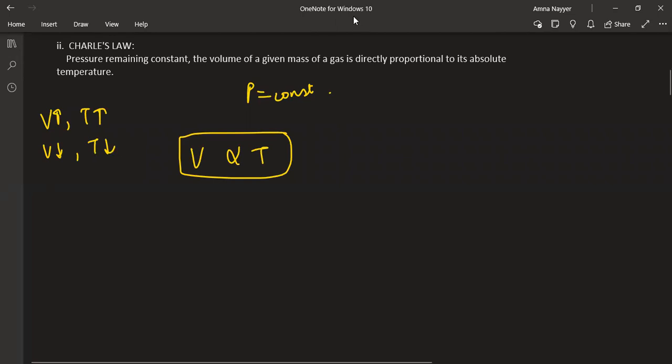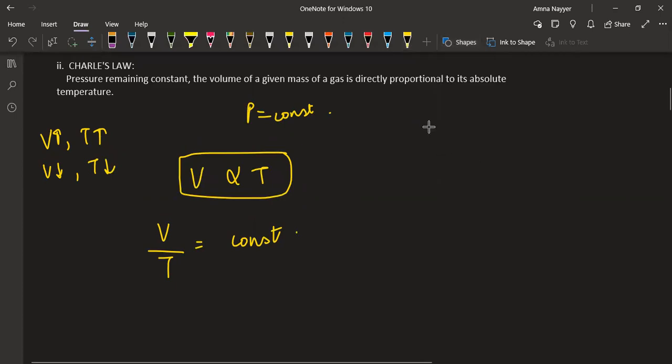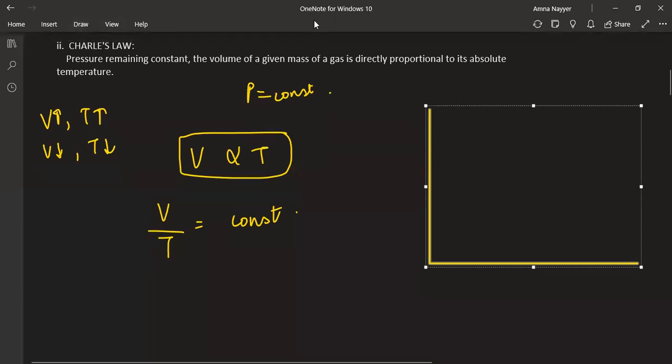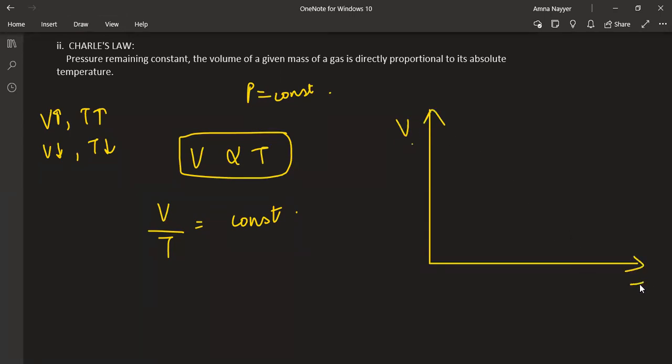So it means V divided by T remains constant. Fine. Now if you plot the graph between V and T, volume versus temperature, they will be directly proportional to each other.